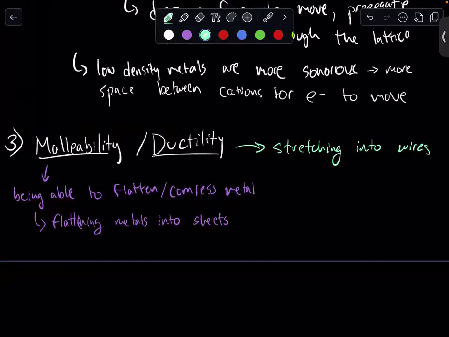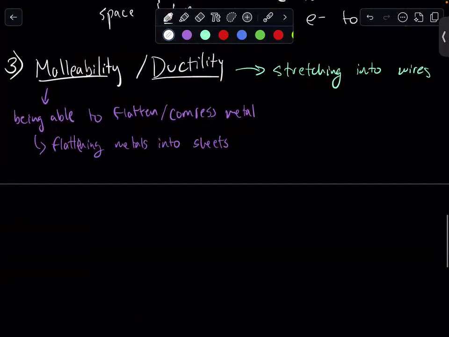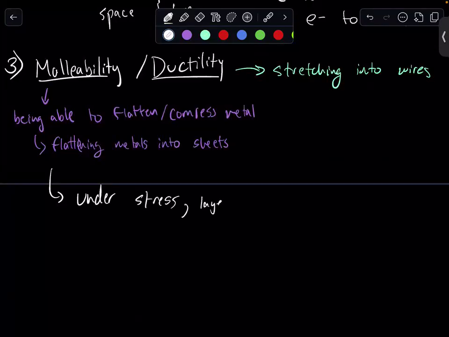All right. So why is metal able to do this? Normally, when you stretch or pull, you break something. Now, with metals, once again, we have our delocalized electrons, but this more deals with the metallic bond. So under stress, layers shift in the lattice.